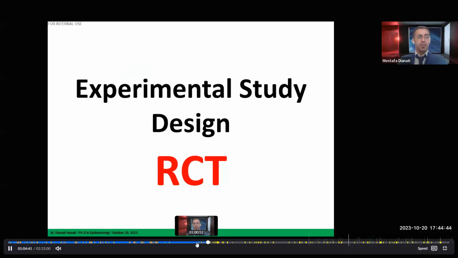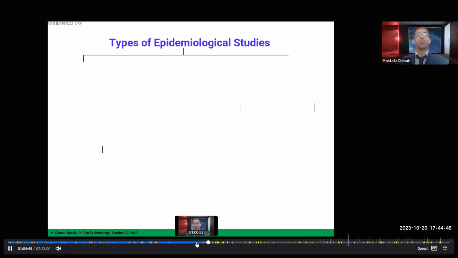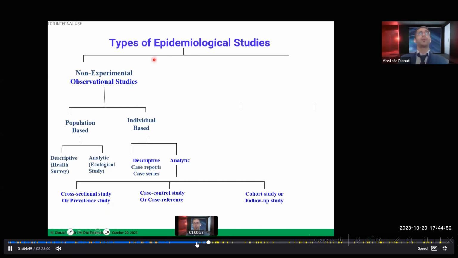Okay, experimental study design. Let's speak about it. Do you remember this slide? So, do you think we can categorize experimental studies here? For sure not, because these are not observational studies. But let me go to the next.